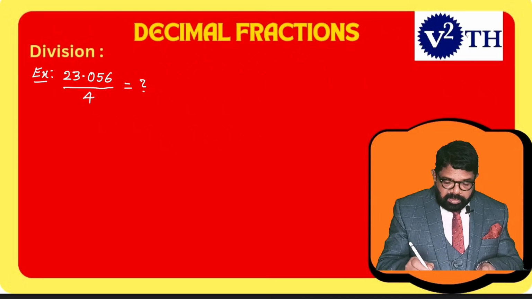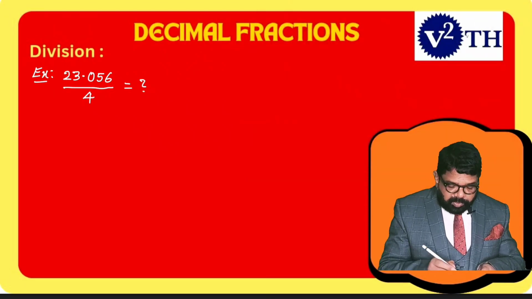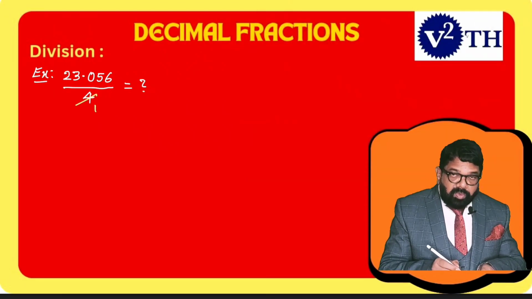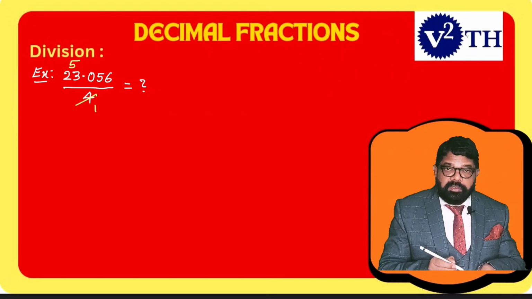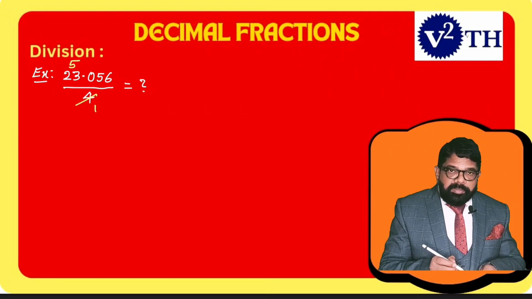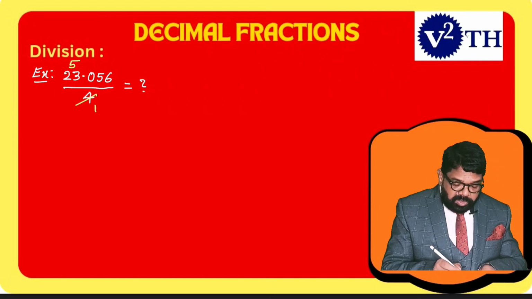Now by cancellation, how much value do you get here? Now 4 twos are 8, so 4 ones here cancel with 4. 4 fives are 20. Listen to me carefully, a very sensitive area. 4 fives are 20, 20 means 3 is left. So the next digit you have to take.